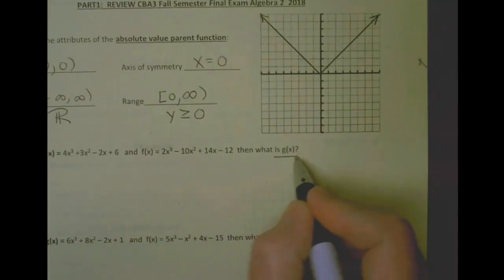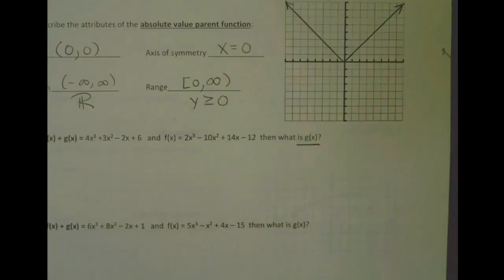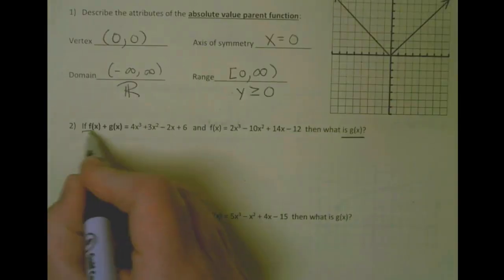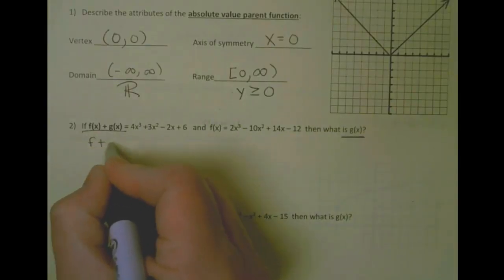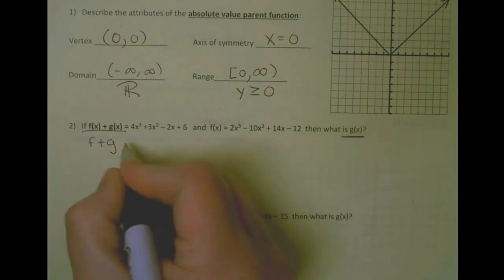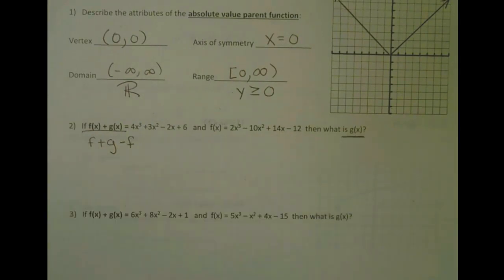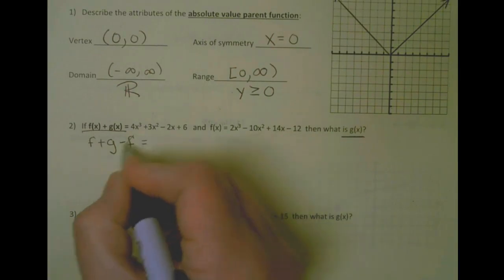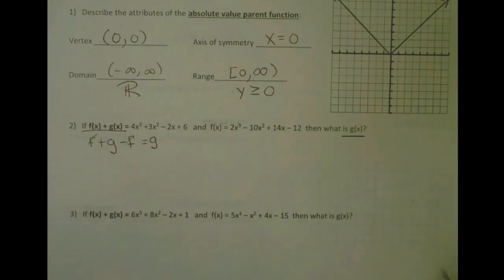The next question is a little bit confusing. It asks you to find the value of g of x. If this is the combined function, in order to find g of x, you have to subtract. That would mean the f's would cancel out.